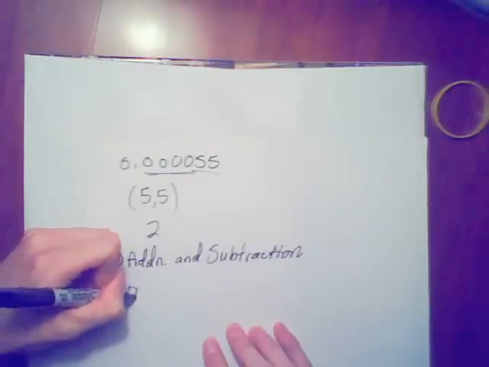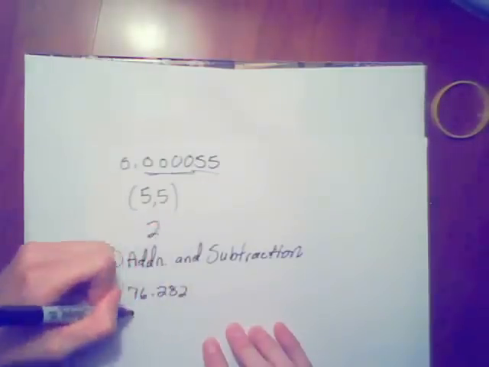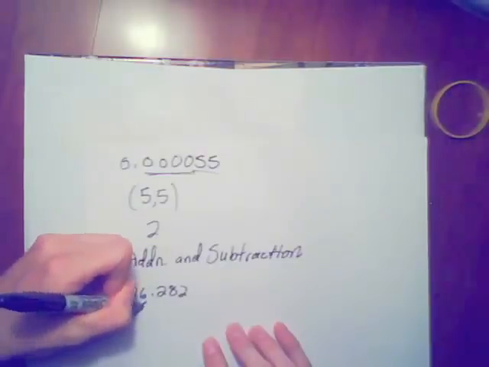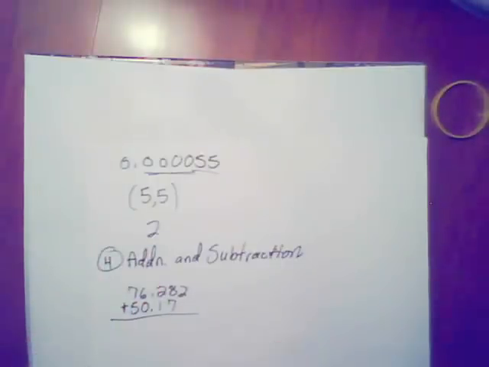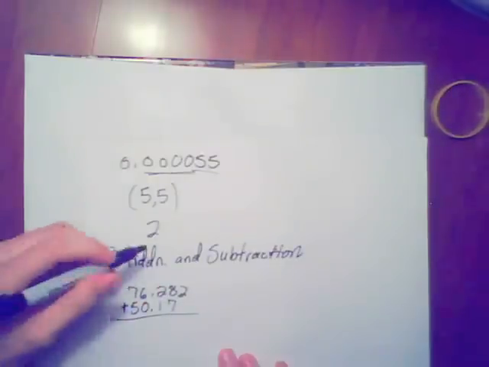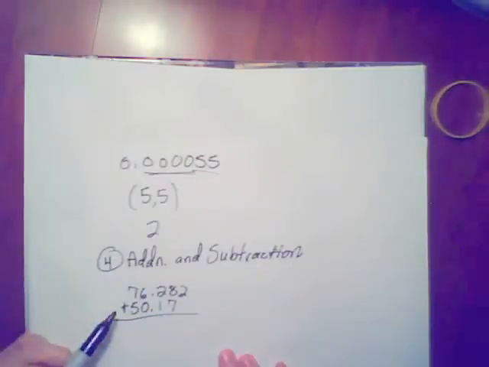So we'll start out with 76.282 plus 50.17. As we can see, the top number has 1, 2, 3, 4, 5 sig figs. The bottom number has 1, 2, 3, 4 sig figs, and this 0 is significant again because it is sandwiched in between 2 non-zero numbers.